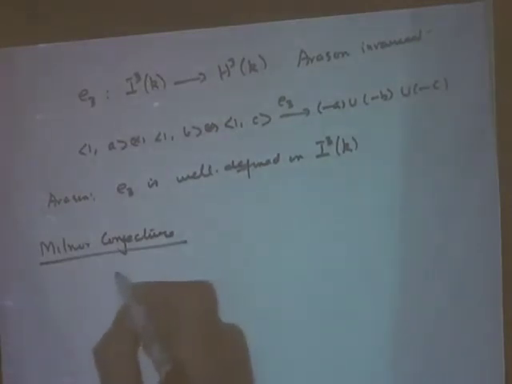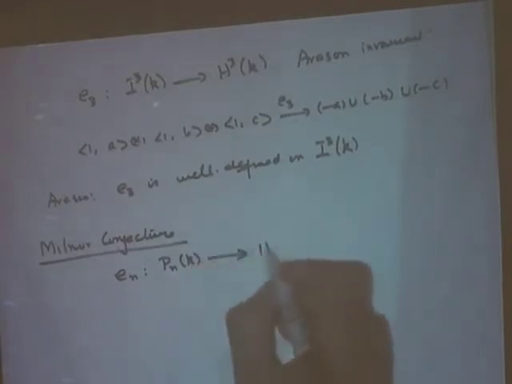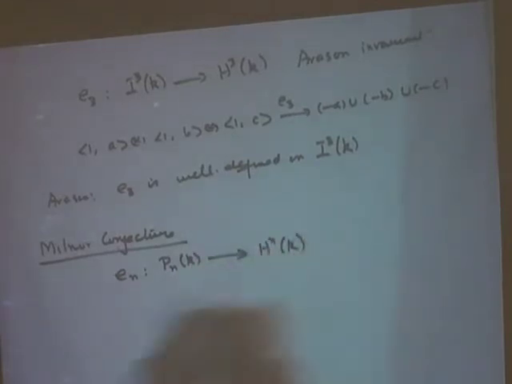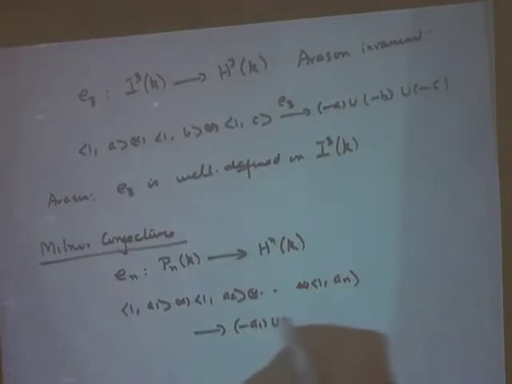So okay, the assignment e_n from n-fold Pfister forms over K to H^n of K given by <<1, a1>> tensor <<1, a2>> tensor ... tensor <<1, an>> mapping to (minus a1) cup (minus a2) cup ... cup (minus an).